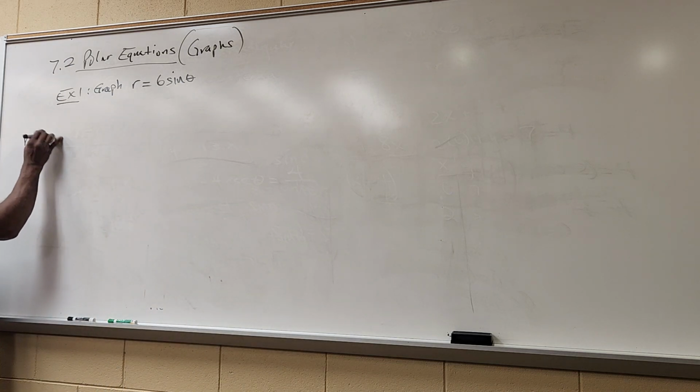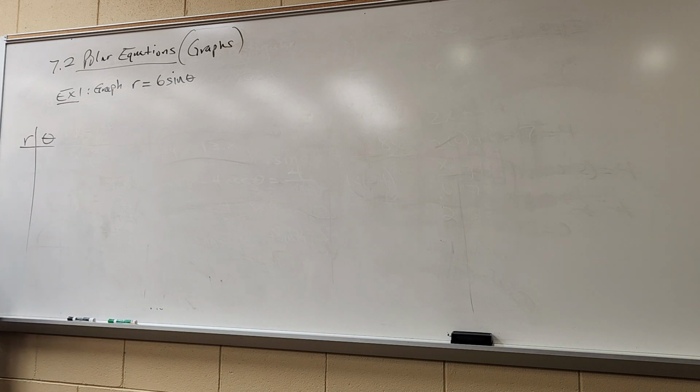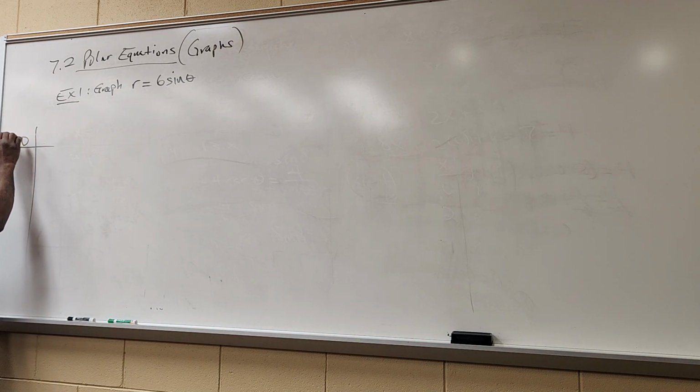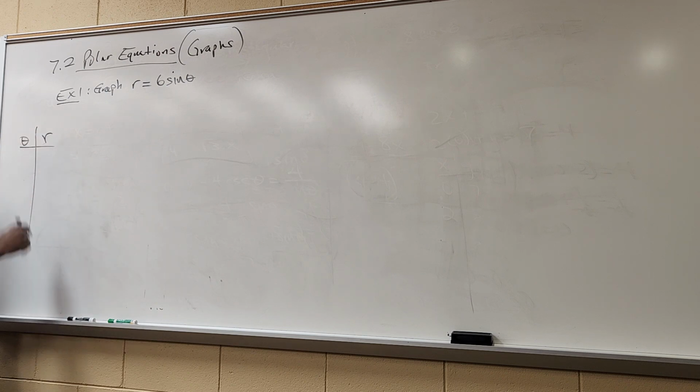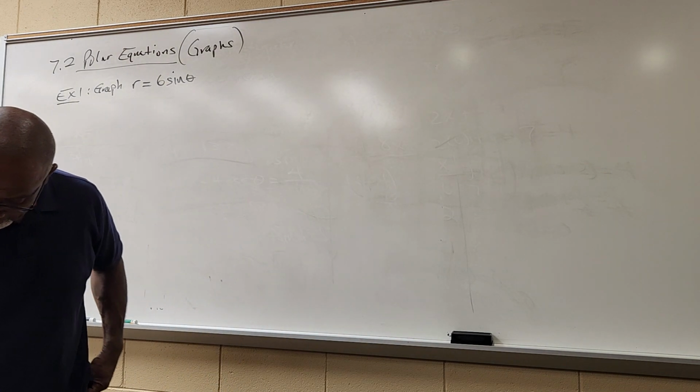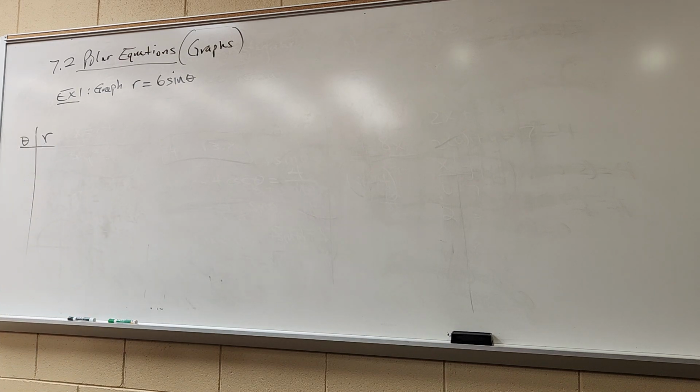But I can do r comma theta in polar. And really, it might be easier to do theta comma r, because you're going to choose the theta, and then figure out what the r has to be. So, let's just choose some angles.